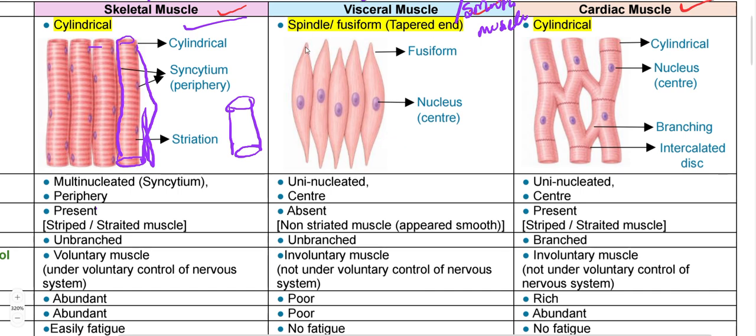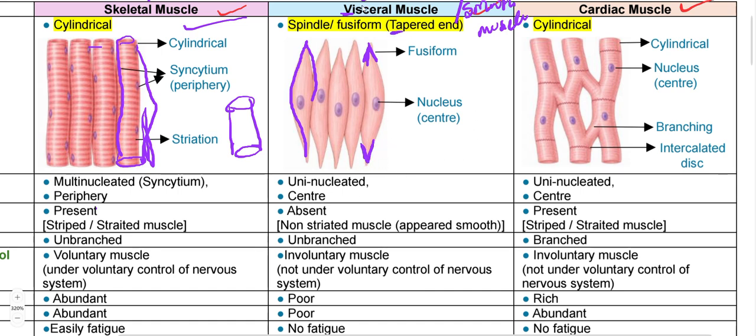Those organs have which muscles present? Your visceral muscle. So we call it smooth muscle or visceral muscle. What is the shape over here? If you see, it is a spindle shape which has a tapered end. What do you mean by tapered end? Can you see these pointed ends? See here, pointed ends. These we call tapered ends.